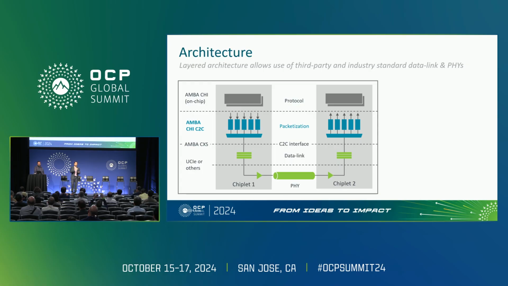With CHI chip-to-chip, the middle layer is where we packetize that to make it suitable to be transported over fixed size containers, such as UCIe that I'm illustrating here, meaning the data link and the PHY. But equally, it could be used across a PCIe PHY or a custom bespoke one as well. And then finally, some of the benefits.